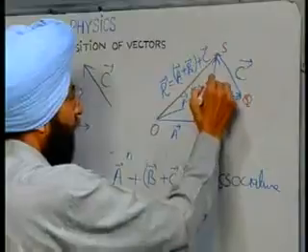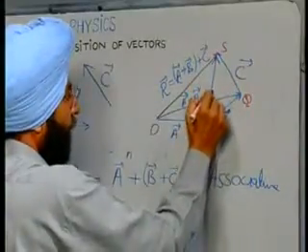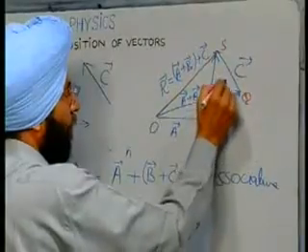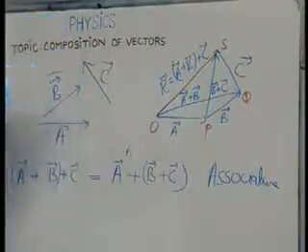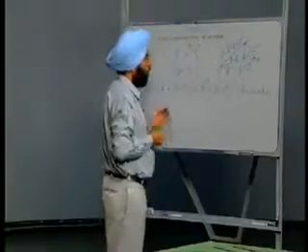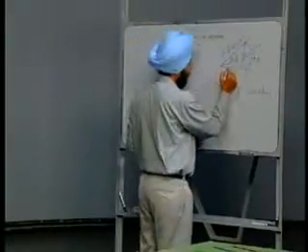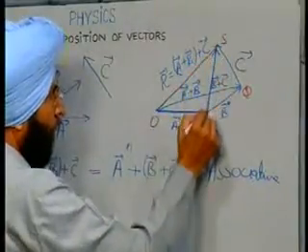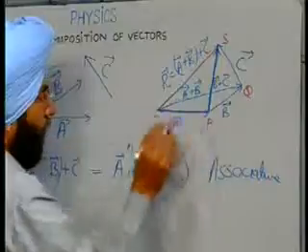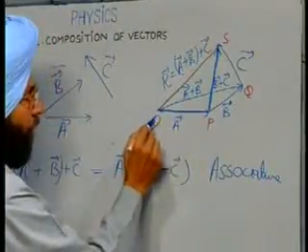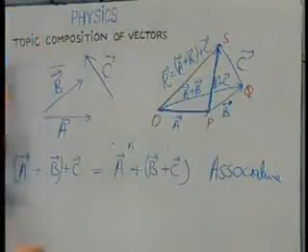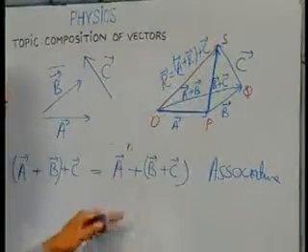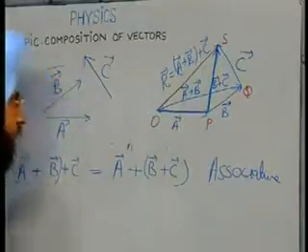So, this vector PS is equal to B plus C. Now, in the triangle OPS, we have two sides of the triangle OP and PS taken in the same order. OS will give us the resultant if we take this in the opposite order.